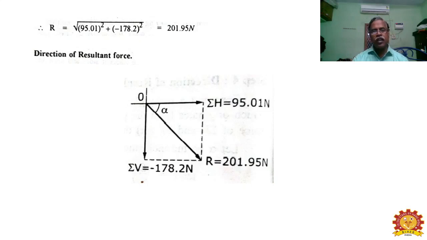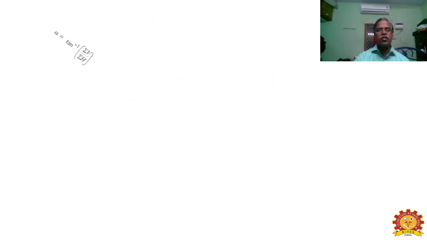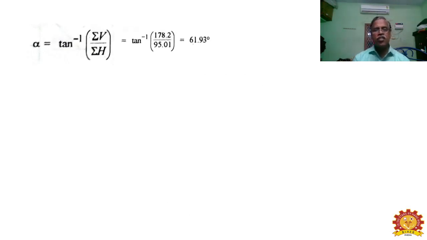When you are finding your answer, the alpha, then almost your problem is completed. So the alpha is given by tan inverse of sigma V by sigma H. Using this formula, tan alpha is equal to sigma V by sigma H. You can write alpha is equal to tan inverse of sigma V by sigma H, and your answer goes like this, as the value will be 61.93 degrees.